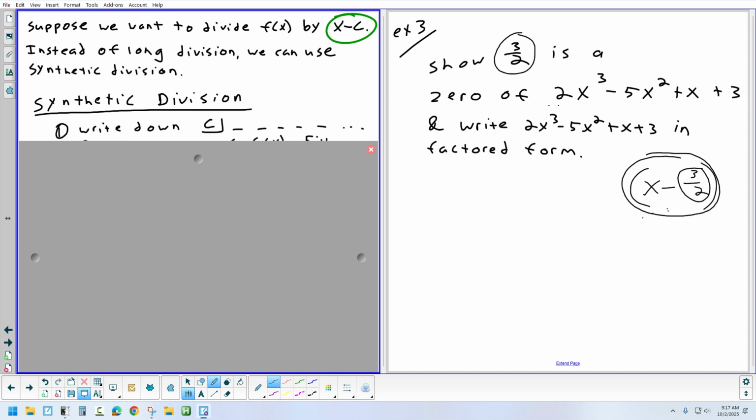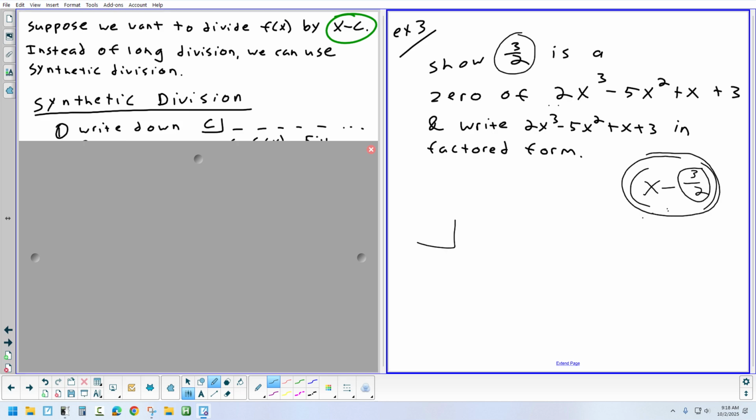So the way we do synthetic division is we're going to put whatever you're dividing by, take what comes after the minus and put that on the outside. So it's got to be x minus a number. What comes after the minus sign, that's what goes on the outside.